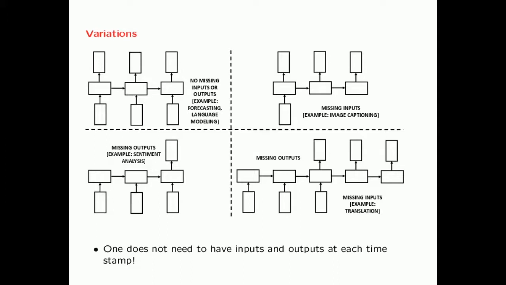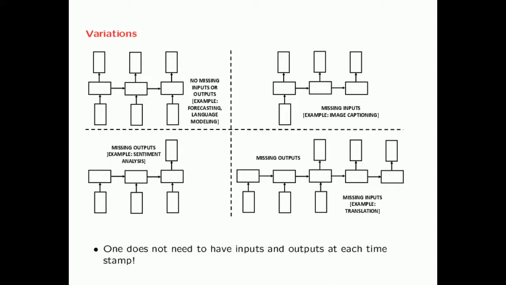Then the second might be, for example, image captioning, where your input might be the neural representation of an image. That neural representation might be constructed using some other neural network, such as a convolutional neural network, and that is fed into the very first layer. You don't feed it into later layers. And then it produces a variable set of outputs corresponding to the caption of the image.